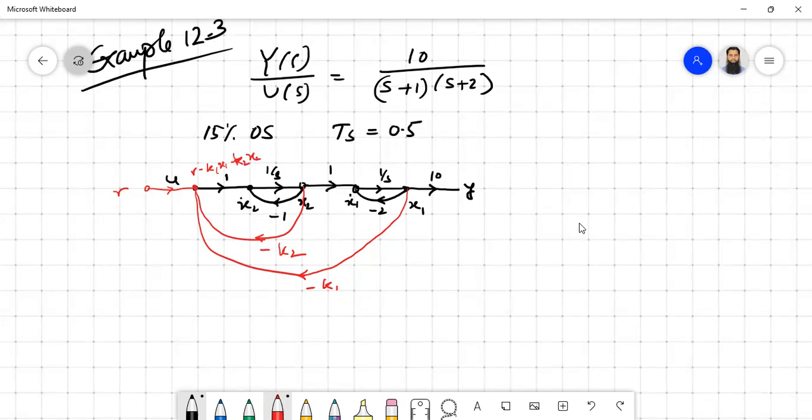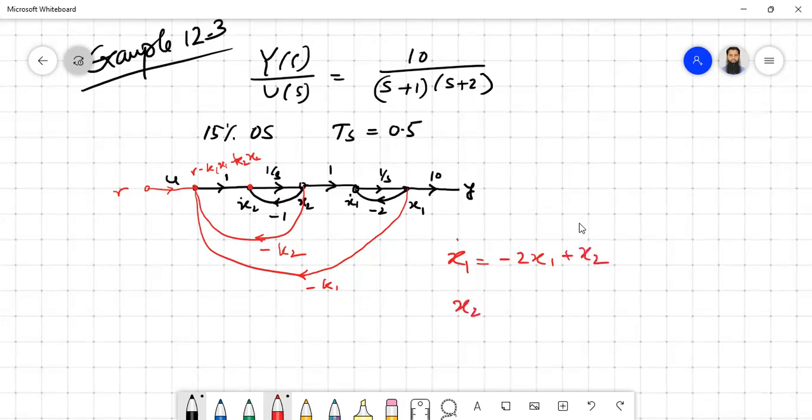Now this adds to the x2 dot. Let's start with x1 dot. x1 dot is basically minus 2 x1 plus x2.